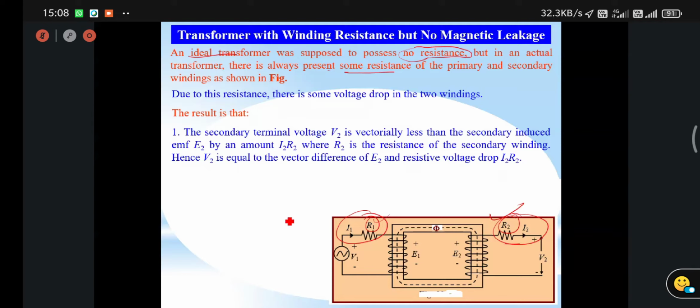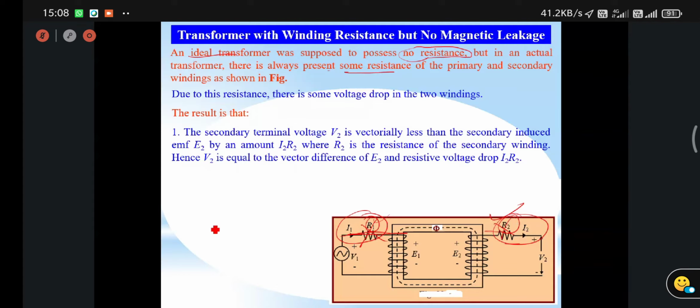So simply I will go with the resistance of the secondary. After that I will go with the resistance of the primary here. Okay, I will write with you. If there is no resistance, the circuit is like that.